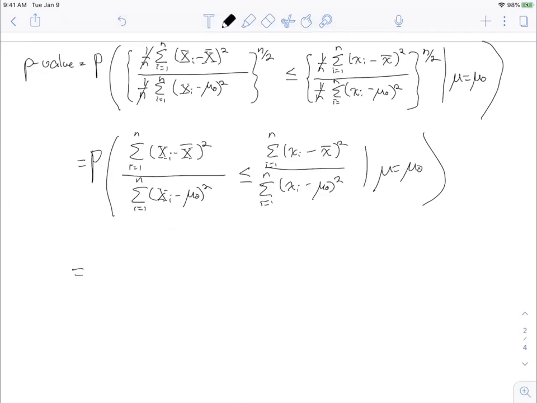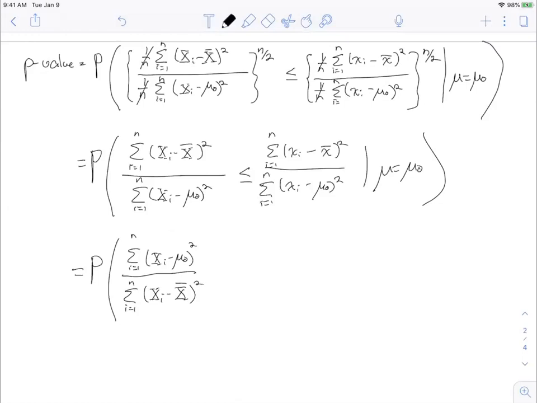So just so that we arrive at the result we're trying to arrive at, I want the numerator to have capital Xi minus mu 0 squared, and in the denominator xi minus x bar squared.